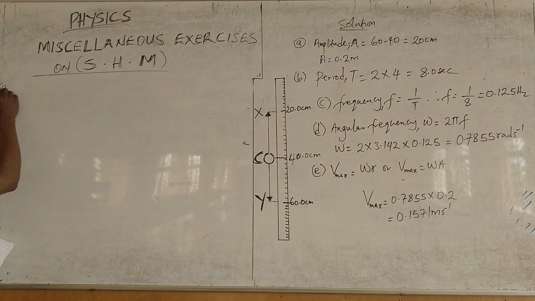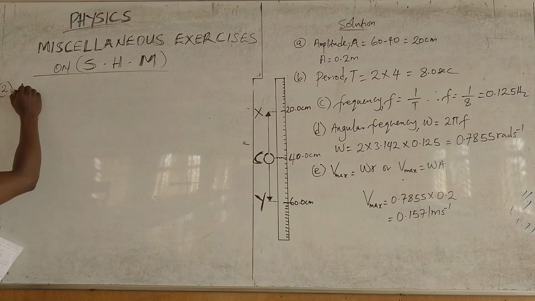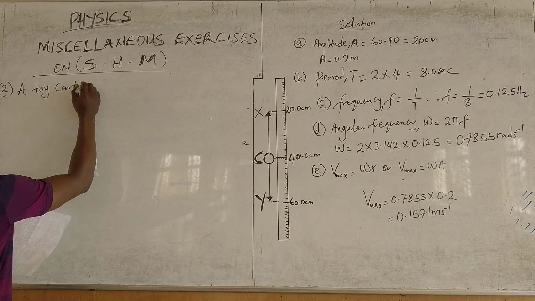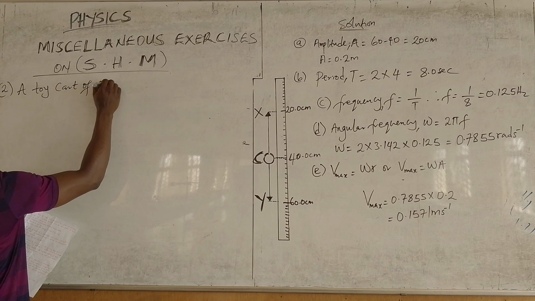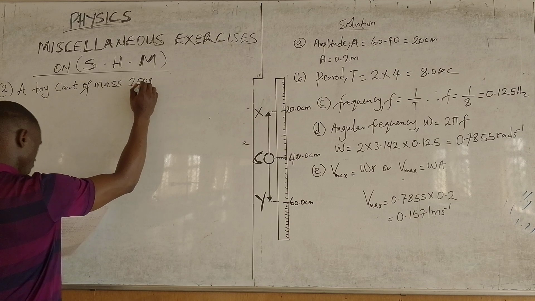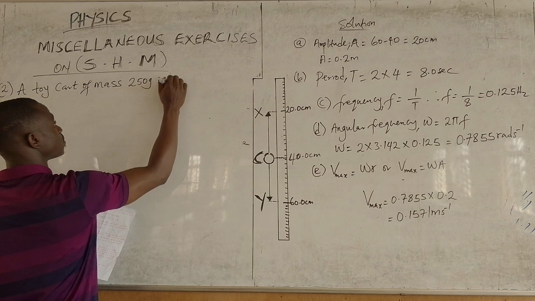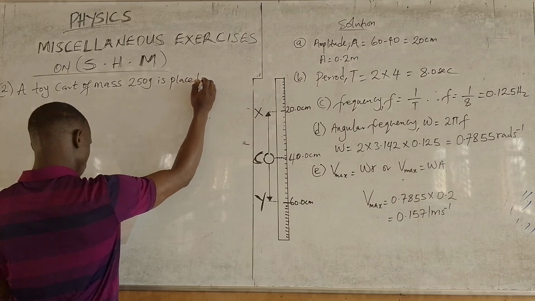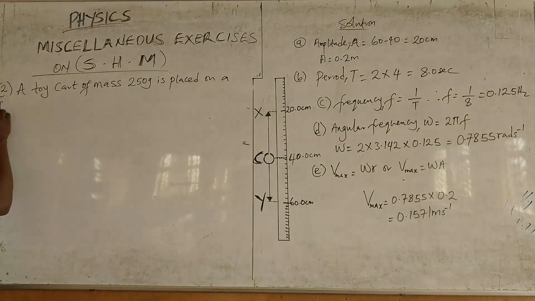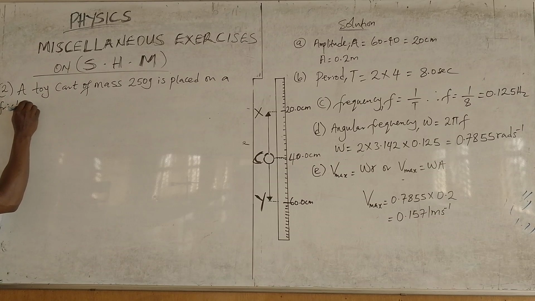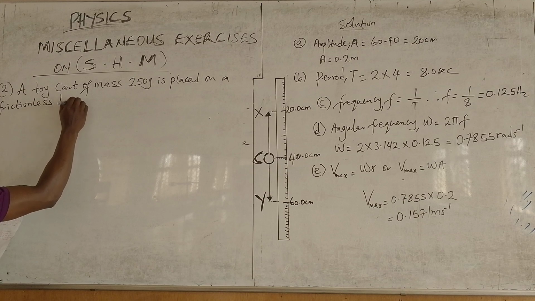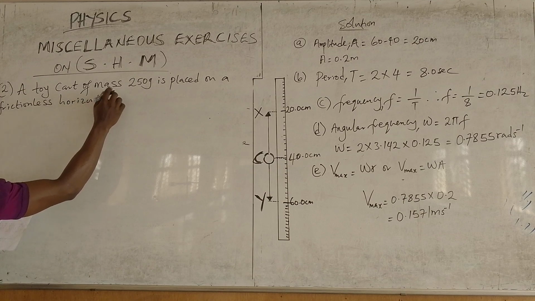Question number 2 says, a toy cat of mass 250 grams is placed on a frictionless, that should be a smooth, horizontal track.